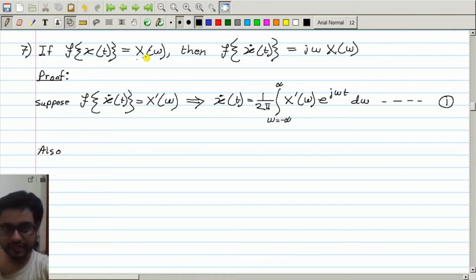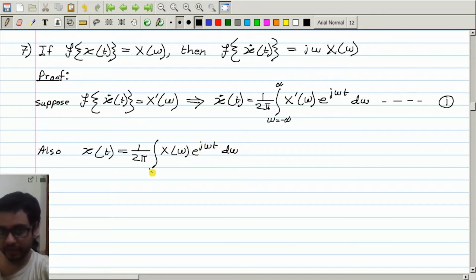also, since capital X is the Fourier transform of small x, we can write that small x is equal to 1 over 2 pi integration capital X omega e to the power j omega t d omega, omega running from minus infinity to plus infinity.